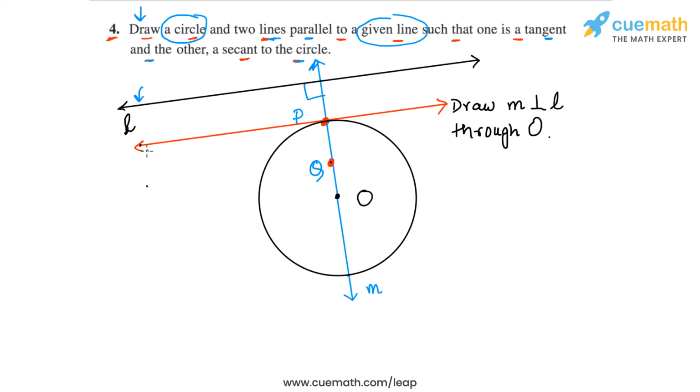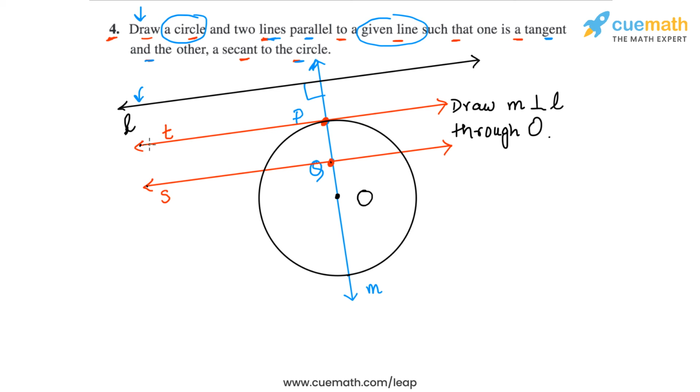Let's call this line T for tangent. And now let's draw a line perpendicular to M through the point Q. You will get a line like this, and let's call this S for secant.